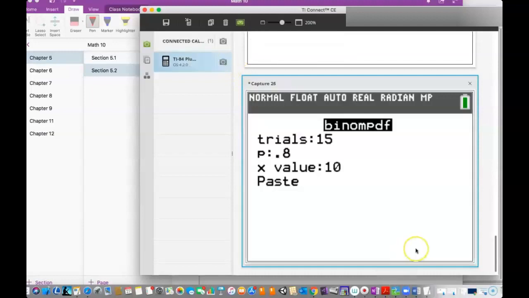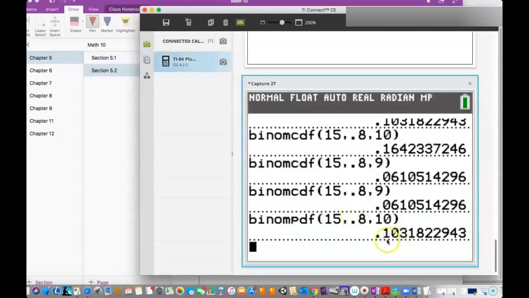Then press enter, enter, and again enter. Okay, here is the answer, 0.10, rounding is 32. We got exactly the same answer as the previous part where we didn't use a calculator. So rounded, it is 0.1032.